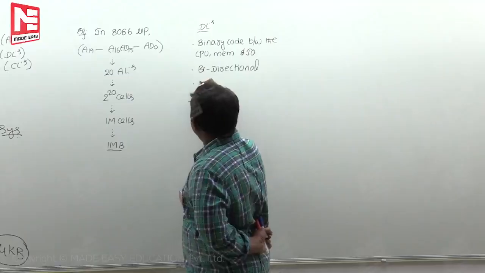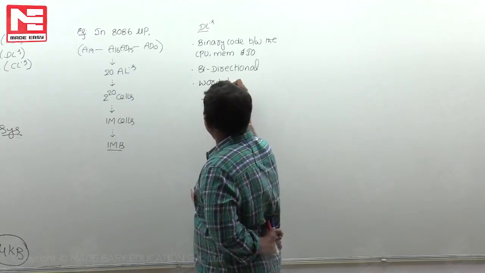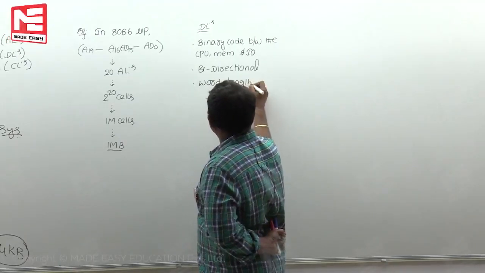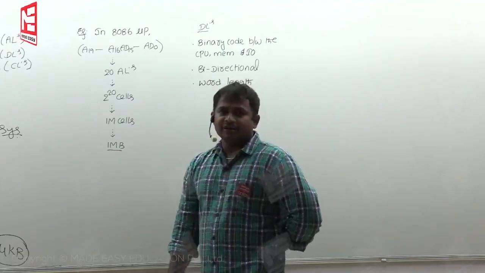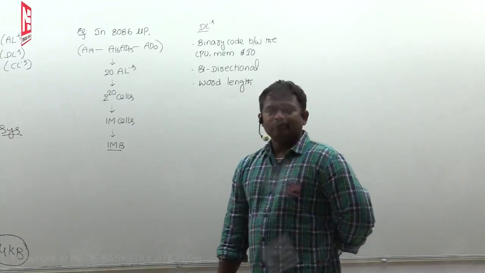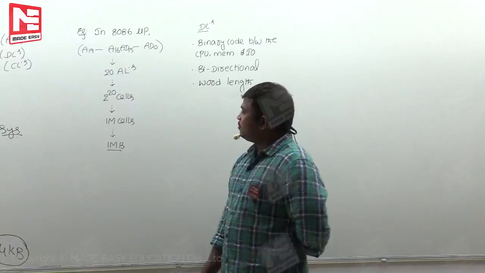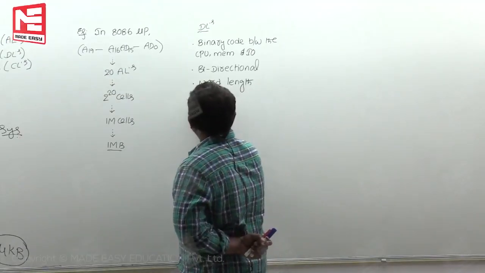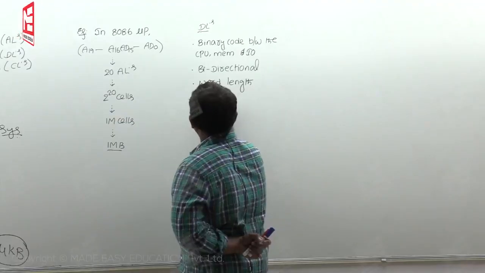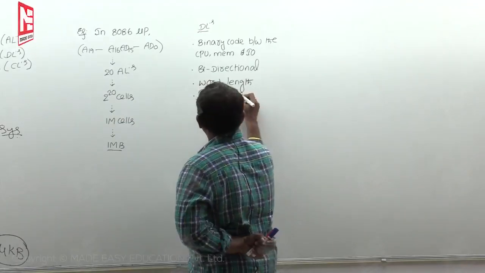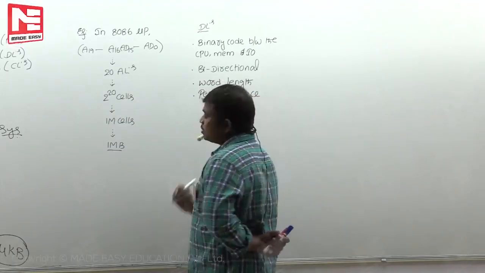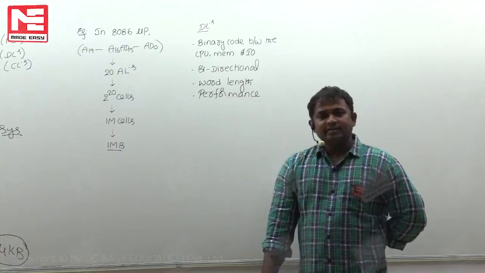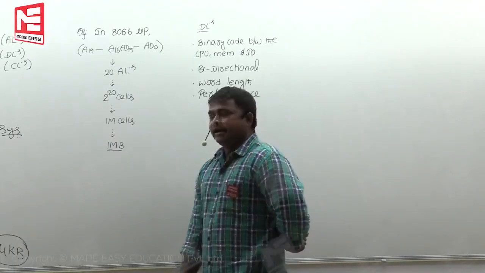Based on the number of data lines, we can determine the word length of a CPU. Word length means word size of a CPU. Based on the word length, we can measure the performance of a CPU. When the word length increases, performance of a system also increases.